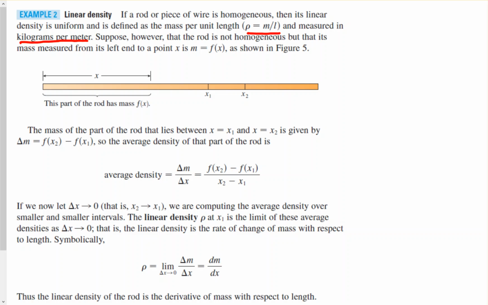To get the average density, we would take the difference in mass and divide it by the difference in length. That'll be average density.